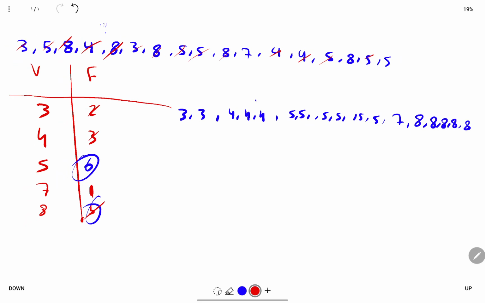So if you take the first 5 on the left and 5 on the right and also 2 on the left and 2 on the right, 1 on the left and 1 on the right, so we have the middle, the median is 5.